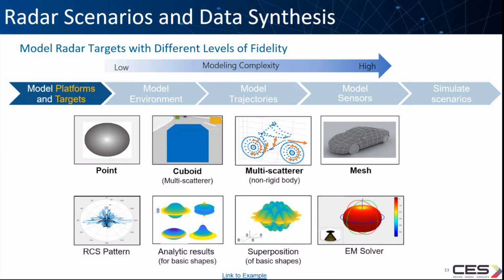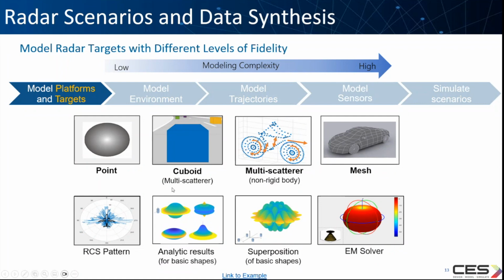You can model radar targets with different levels of fidelity. The first level of fidelity is points. You can just model it with the RCS value, and what you see here is the RCS analysis that you can do with Radar Toolbox.